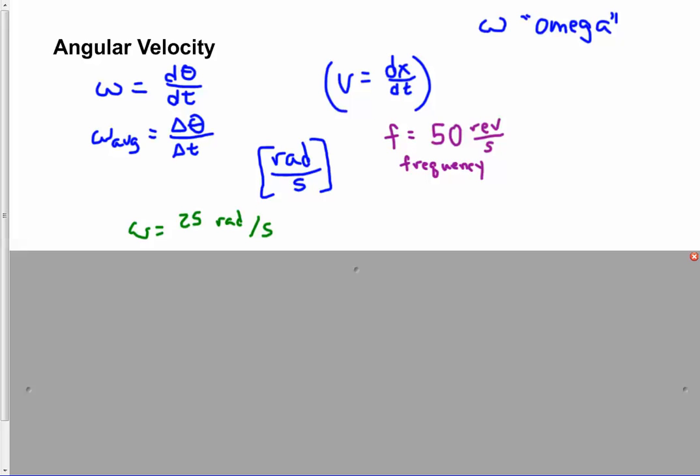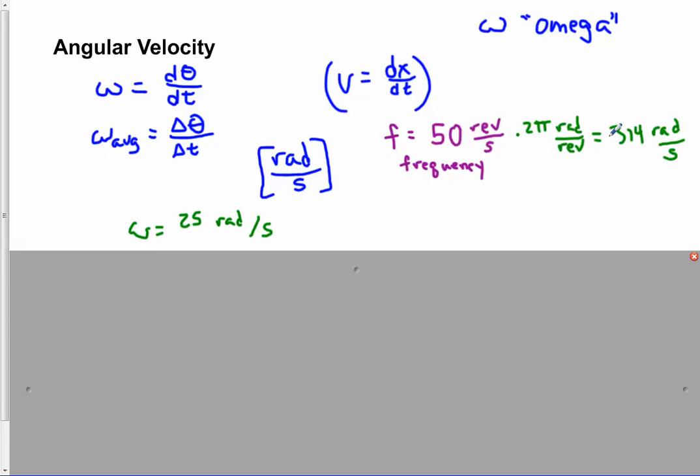Now if you want to convert revolutions per second to the standard angular velocity measured in radians per second, you multiply by 2 pi, because there's 2 pi radians in a revolution, an angle of 2 pi to go around once, and then the revolutions cancel. 50 times 2 pi is 100 pi, about 314 radians per second.